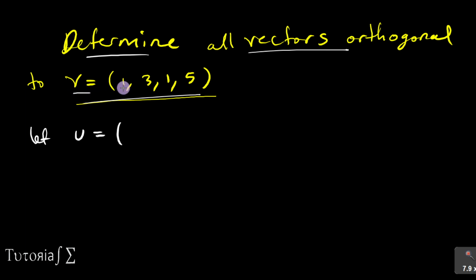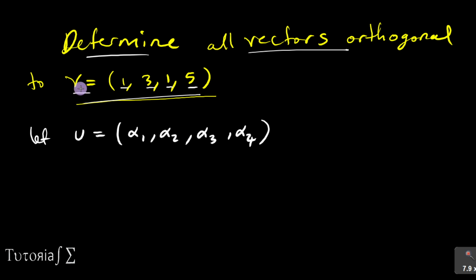So this vector has dimensions 1, 2, 3, 4. So we'll let another vector u have the same dimensions as this one, with components alpha 1, alpha 2, alpha 3, alpha 4. If this had 5, this would also have 5. If this had 6, this would also have 6.